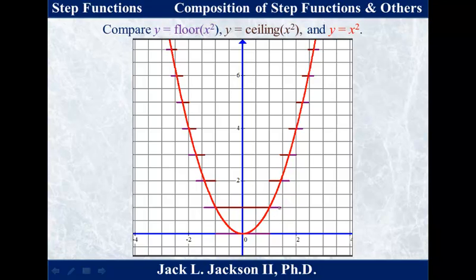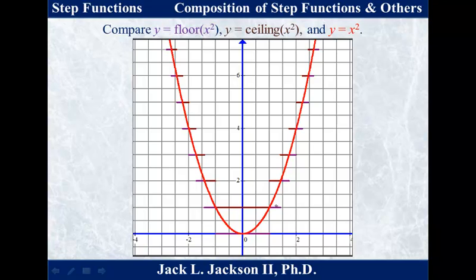So between 1 and the square root of 2 for x, this part of the graph is between 1 and 2 on the y. And of course the ceiling of that would be 2, so that would give you this brown little segment right here that goes from 1, 2 up to square root of 2, comma 2.